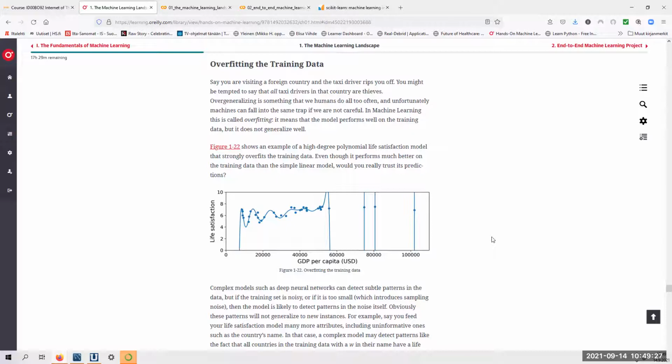But as you well understand, it doesn't make any sense. This is called overfitting. So clearly the linear or line fitting gives a better estimate of life satisfaction than this high-level polynomial.